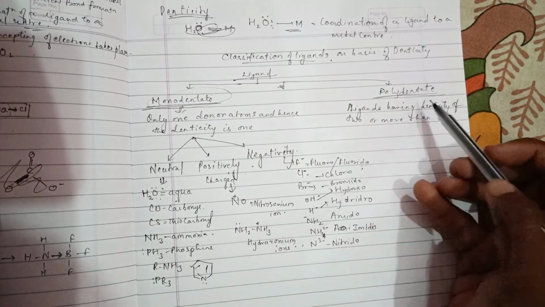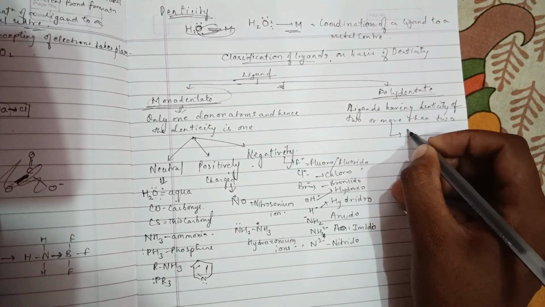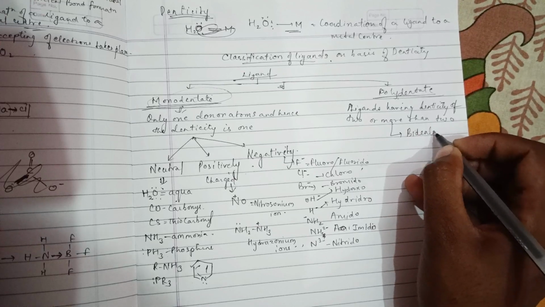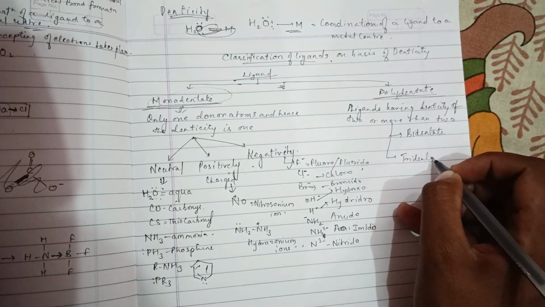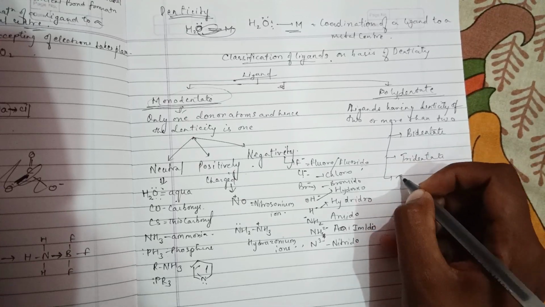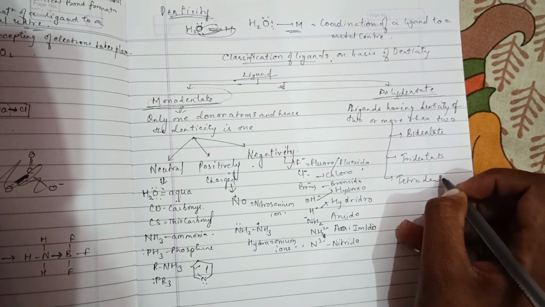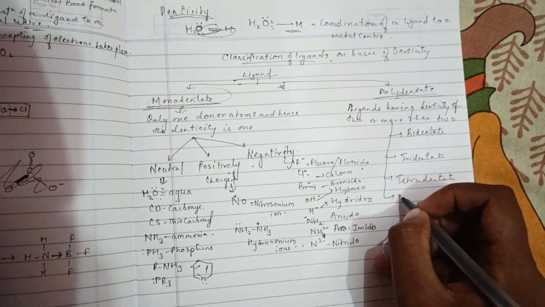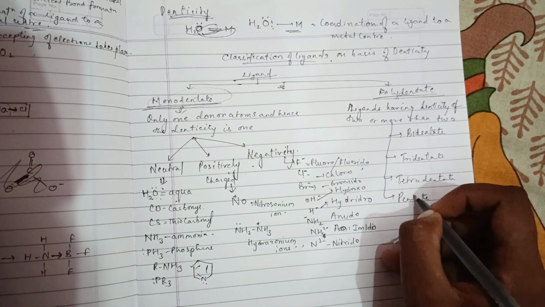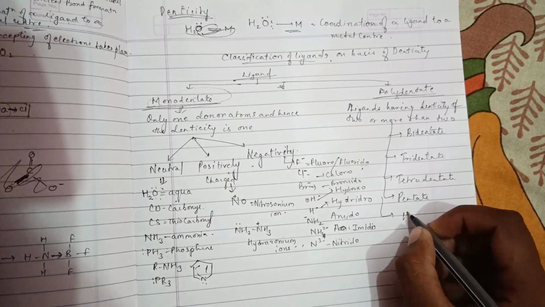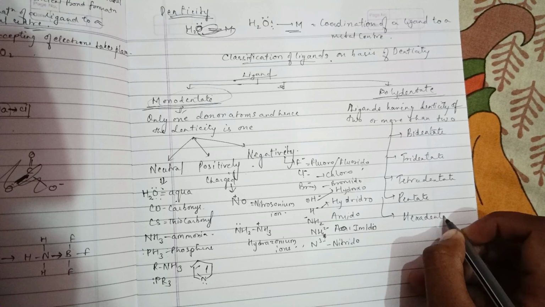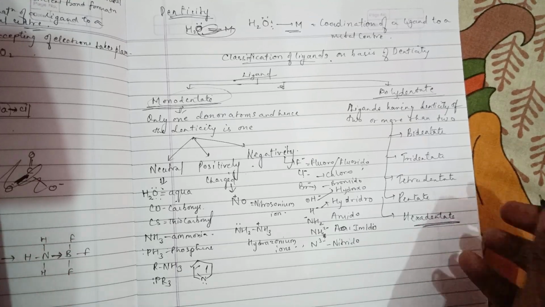Okay, now polydentate ligands. This can include bidentate, tridentate, tetradentate, pentadentate, hexadentate. So let me give you examples of each one.